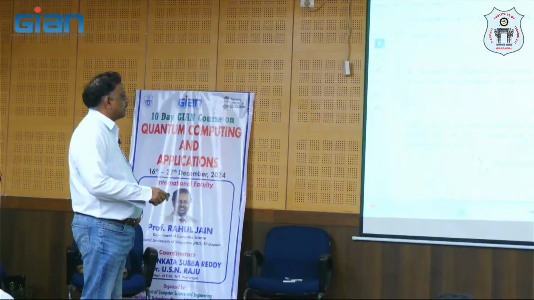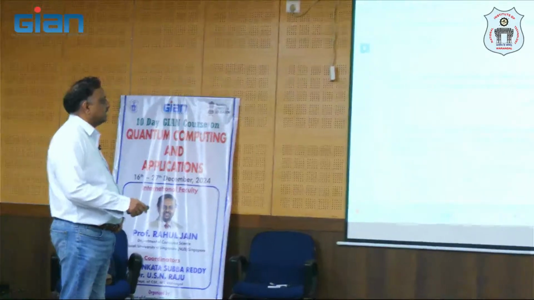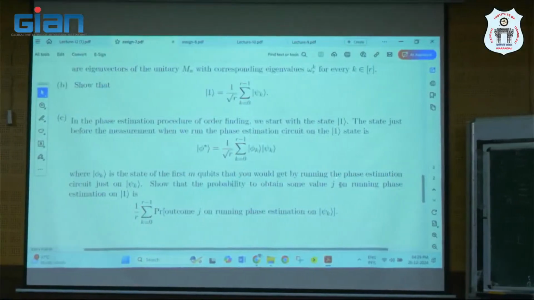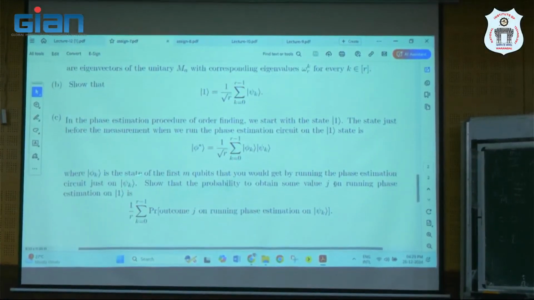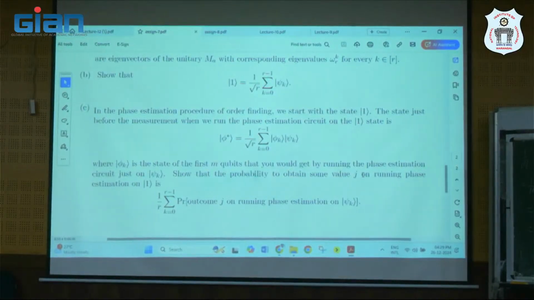The state just before the measurement when we run the phase estimation circuit on Ket 1 is this, where psi k is the state of the first m qubits that you would get by running the phase estimation circuit just on psi k. So remember, if we are putting psi k in the phase estimation circuit on the below wires, let us say the state that occurs on the top wires just before the measurement, let's call it phi k, okay, phi k.